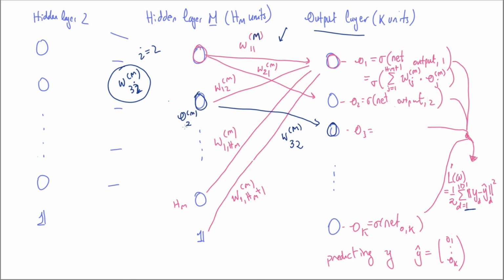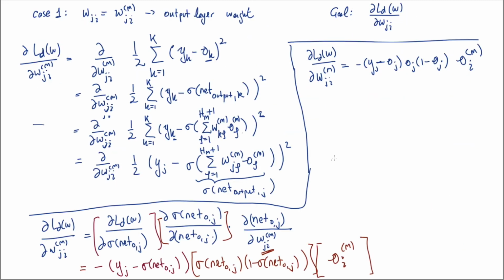So in this case, it's o_2^m. It's the output associated to this particular node. So always go back to the picture and just check, does this make sense? Basically, it's just saying that the derivative for this weight is proportional to the output of the ith unit in the previous layer, which makes sense, right? Because this is connecting us to that node.